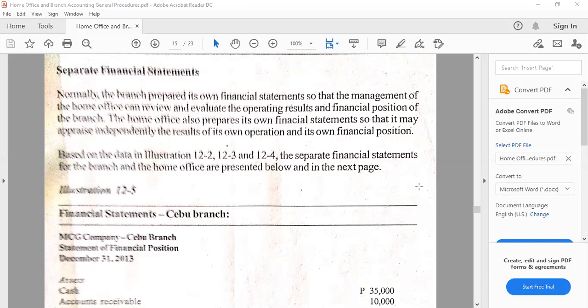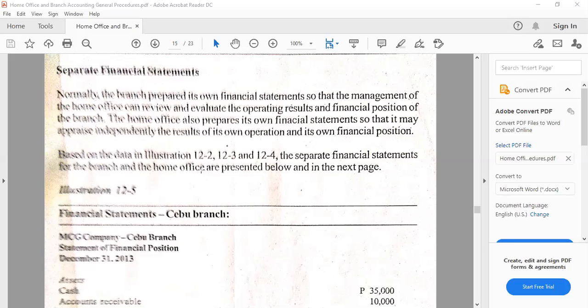So those things are very important in assessing as to the operating results and the overall performance and condition of a certain branch. So that's why those complete set of financial statements will have to be prepared.